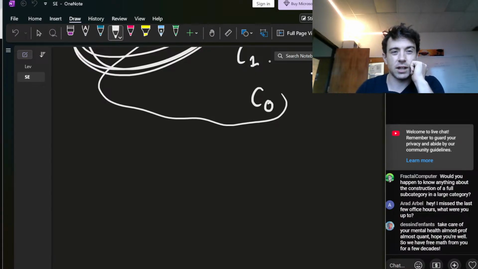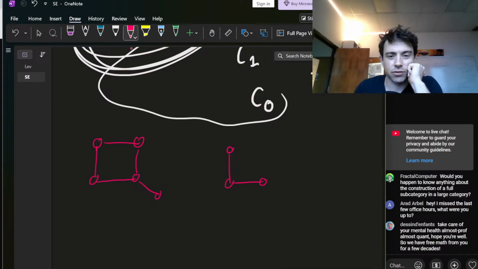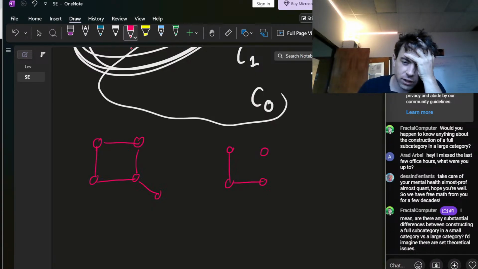So, as an analogy, let's consider a graph. So let's say this is our graph. And a subgraph of the graph could be something like this. You could just take some of the edges between them, right? And some of the vertices. And we could also say take this vertex and neglect to take these other edges.